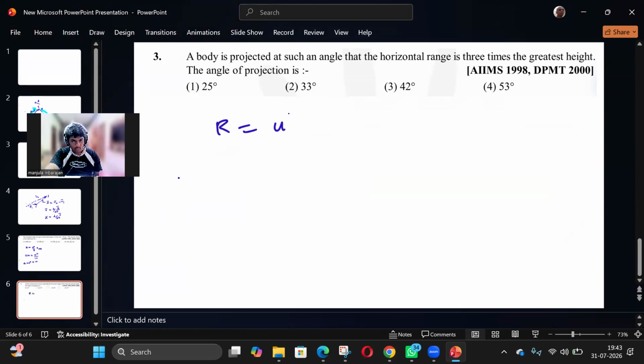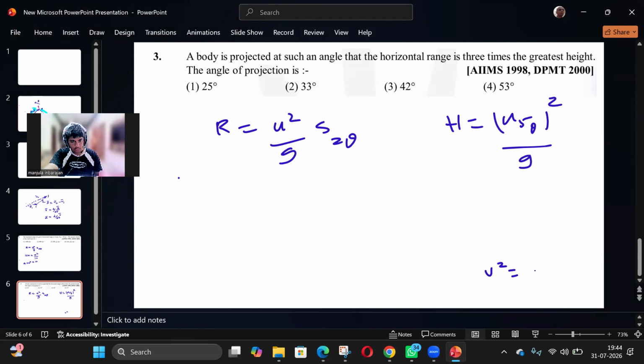R is U square by g sin 2 theta. Formula for H is U sin theta square by 2g, right? H you can get from V square equal to U square plus 2as in the vertical direction. Vy is 0, Uy is U sin theta, so H is U sin theta square by 2g. Now the 2 was missing. Is that clear? Yeah.